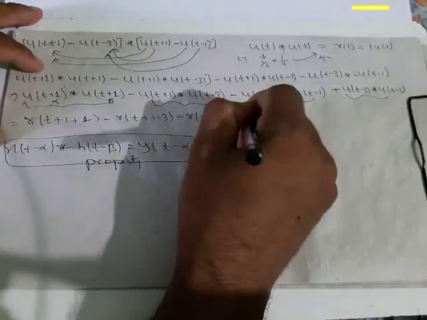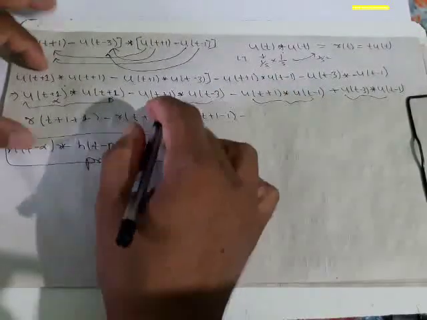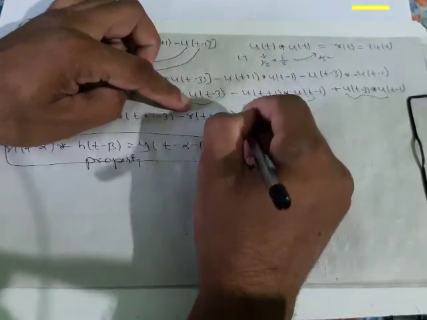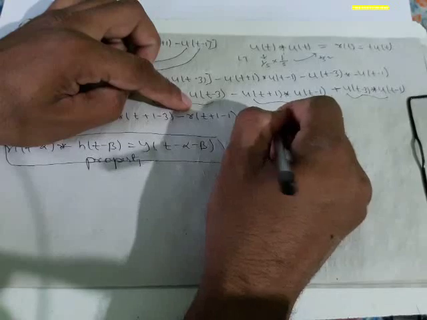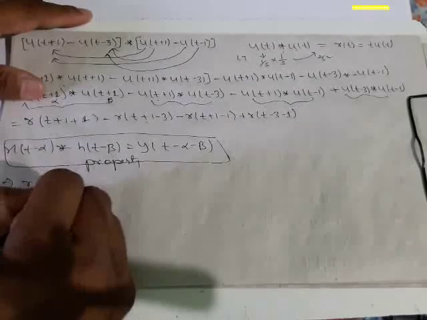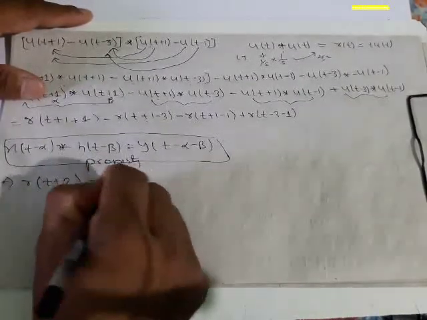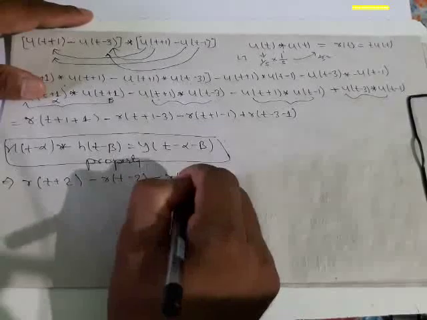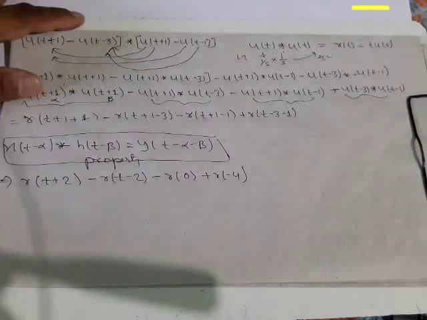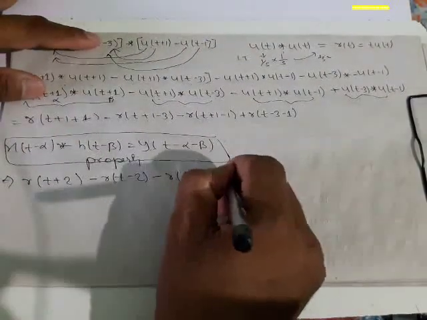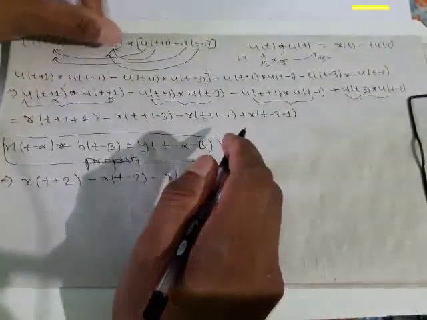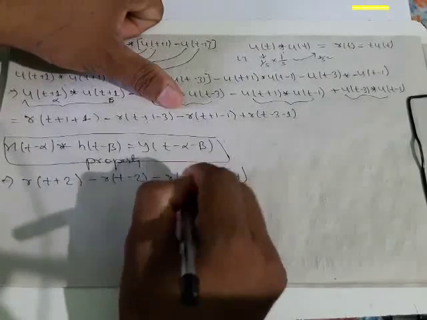Okay, so the area is what? Area is nothing but 2 actually. So what we have taken, the area of this signal will be 1 by 2 into 2 into 2 plus 2, that is 4, 2 to 4.